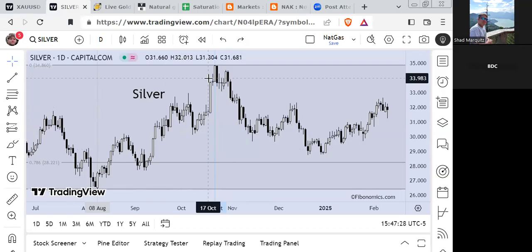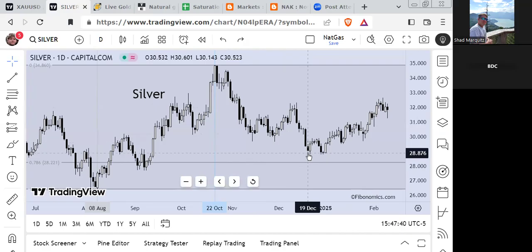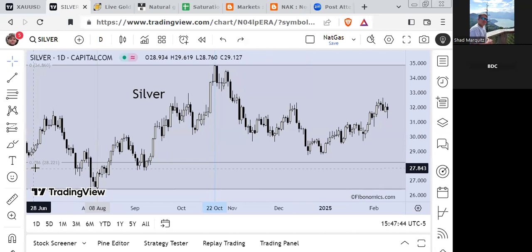And then there's a basic A, B, C, D. There's a little bit more, but let's just keep it simple. But it bottomed here. Now, as you see, this over here says 78.6. That is the last Fibonacci ratio, which is useful. It's a real important one.